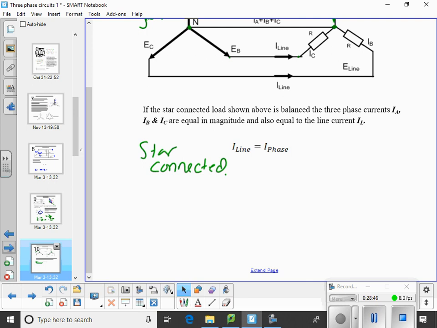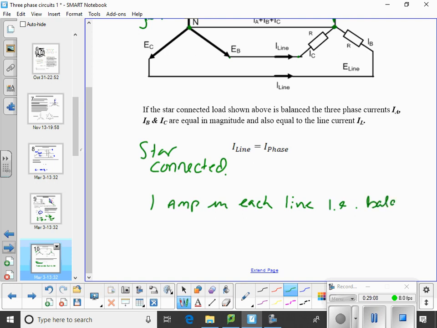So, if we say we've got currents of 1 amp in each line, i.e. balanced, current in neutral equals what?